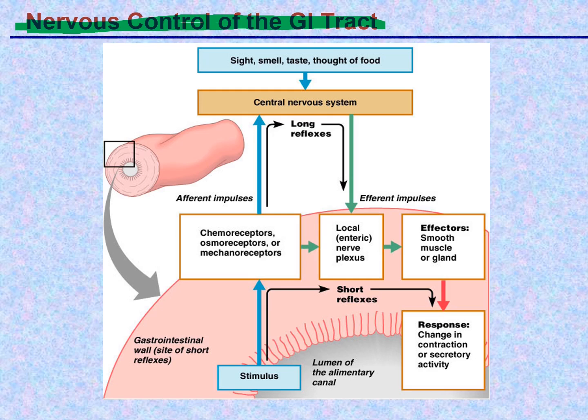So you do have longer reflexes, and they can be triggered, for example, quite remotely from your gut, just by the sight or smell or thought of food. That can stimulate the nervous system to send out impulses to the localized networks of nerves that will trigger the effector tissue, the smooth muscle or glands in the gut, to respond.